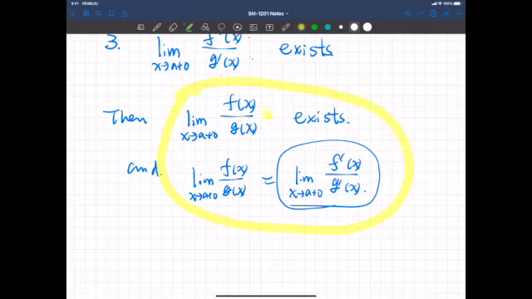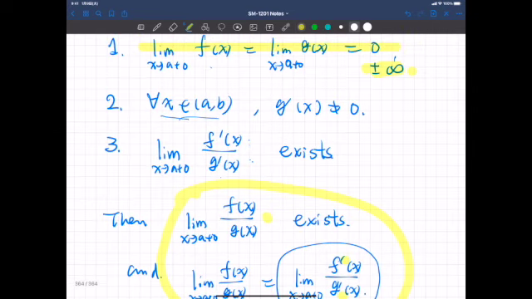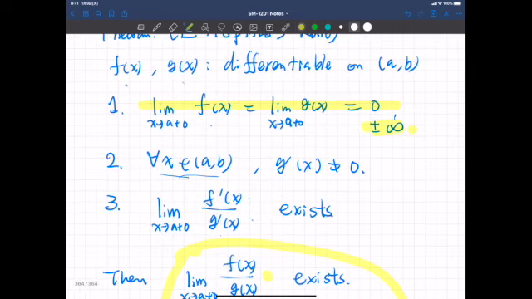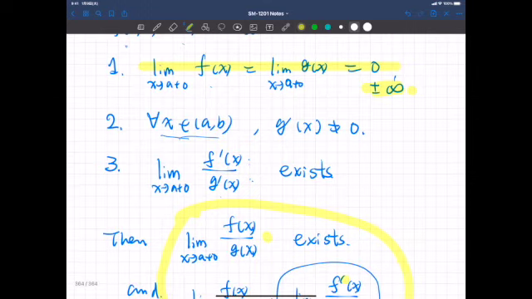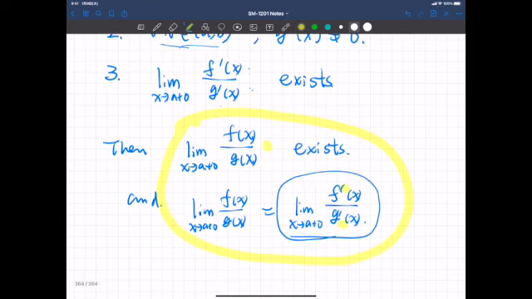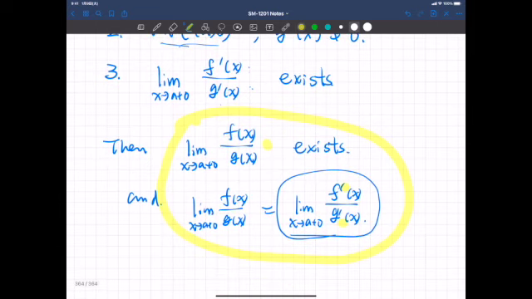So this right limit exists, and it is given by the right limit of the ratio of f prime and g prime. And of course, the same result holds if we replace these right limits with left limits. If both the right and left limits exist, then we can say the limit exists.